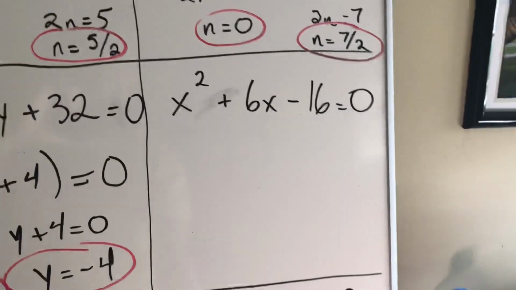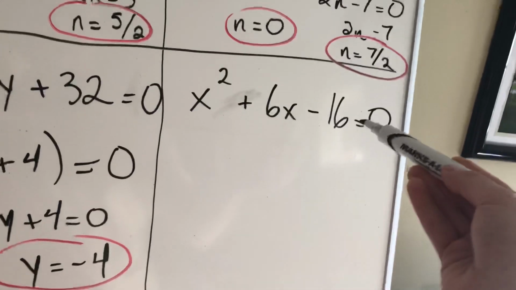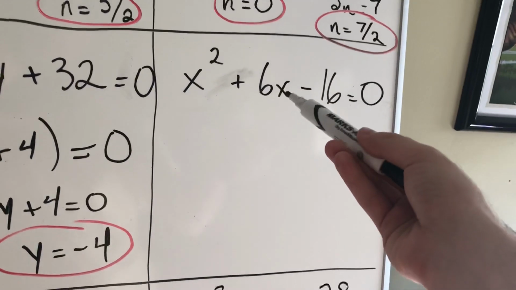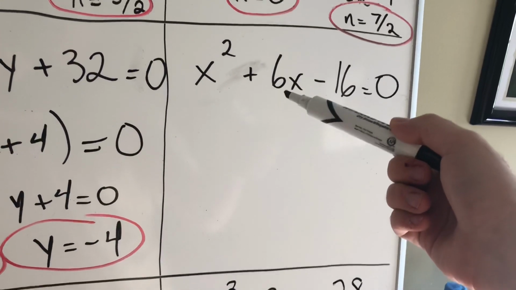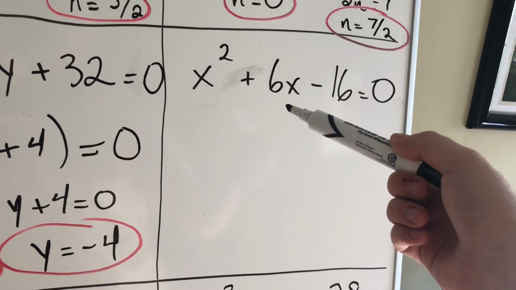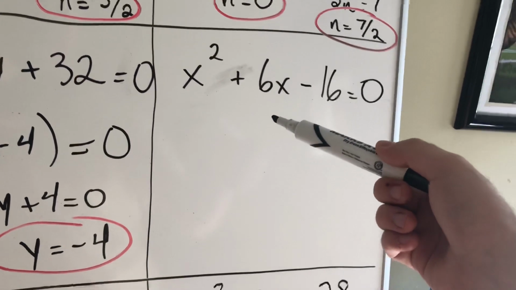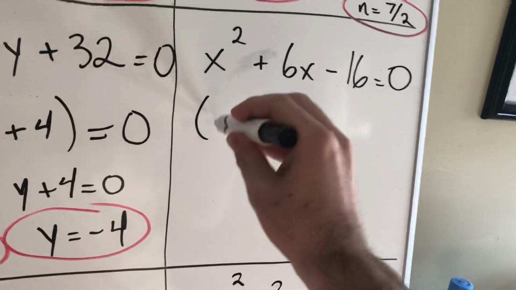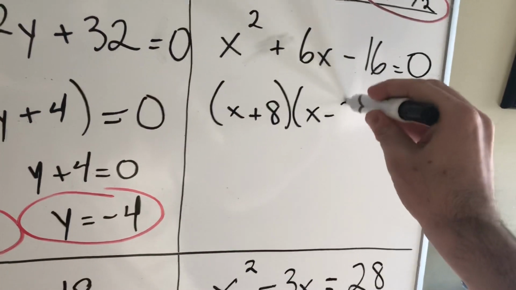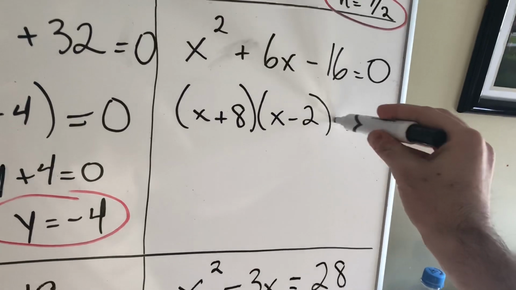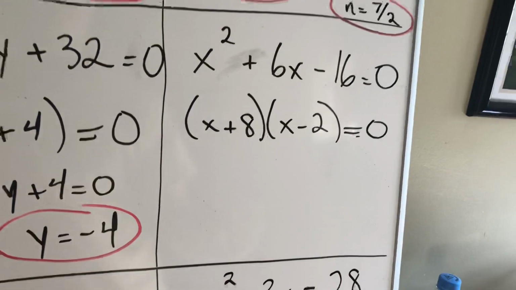All right, you've hit play. Let's look for factors of negative 16 that sum to 6. So there's got to be one negative involved here. The bigger number is going to be positive. Factors of 16, this one's going to be positive 8 and negative 2. So x plus 8, x minus 2, equals 0.